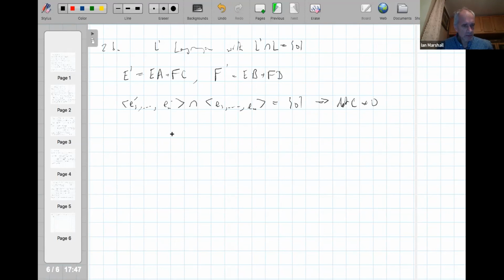So it follows that E1 prime up to En prime, the span of this, is just the span of a different linear combination, a different arrangement of them, in which I've just assumed that C is 1.